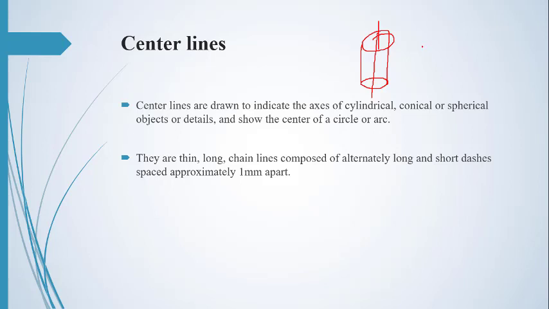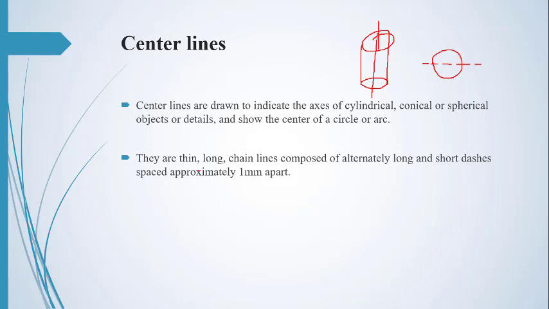Or for any conical or spherical object or circle, for example this circle, the line should be drawn like this, so this line is known as a center line.